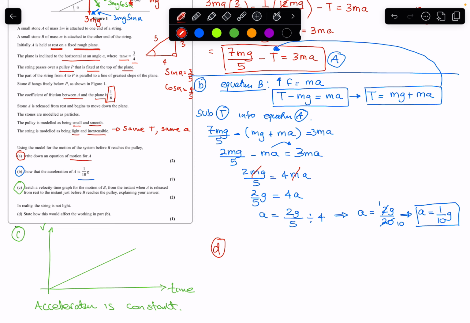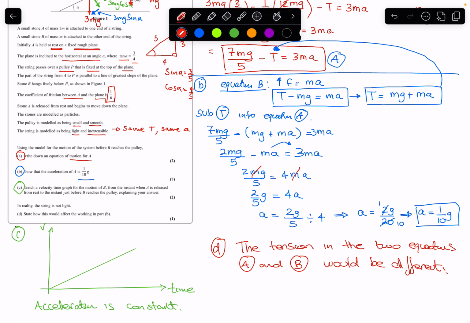State how this would affect working in part B. So if the string was not light and has some weight in it, you can say the tension in the two equations A and B would be different. That's all we had to say for part D.